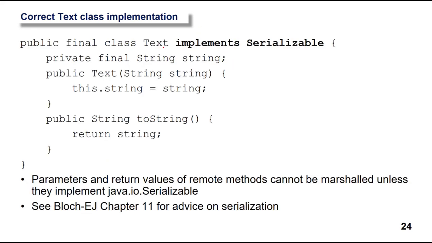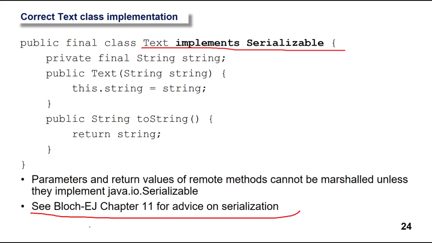So this here's where it's been corrected. We say final class text implements serializable, and now there should be no problem in marshalling the parameters and sending them over the internet. Okay, so if you need any advice on serialization, then have a look at Joshua Bloch's chapter number 11.